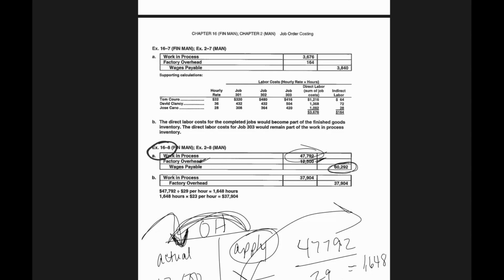There are 1,600 hours into this WIP account. Well, we apply it based on hours at a rate of $23 per hour, which is $37,904. So what we do is we take it out of overhead and apply it to the job.